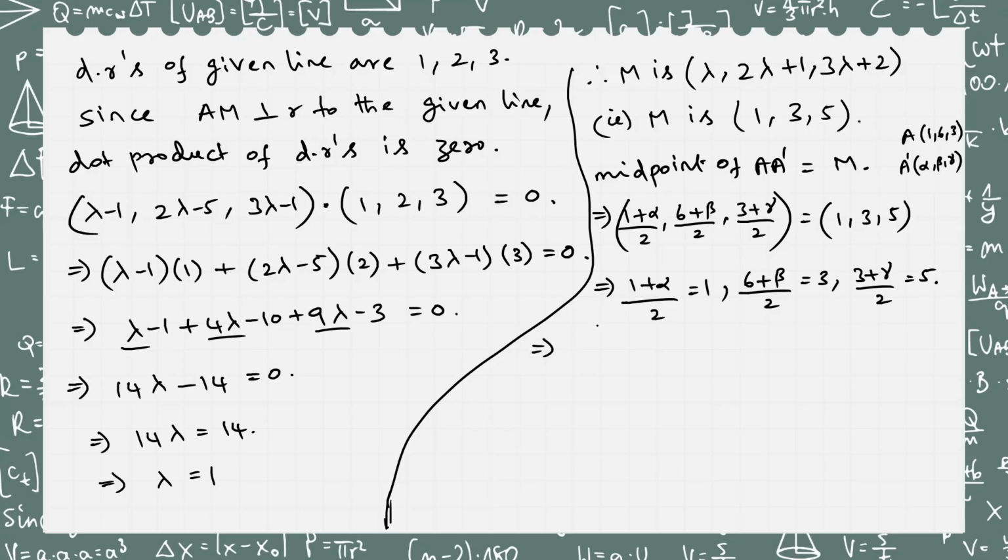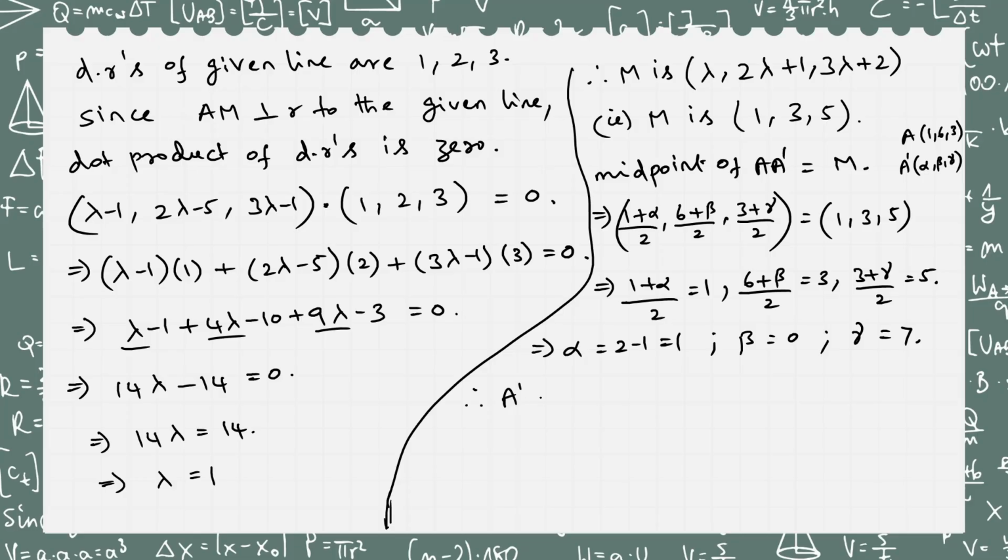That implies alpha plus 1 equal to 2, alpha equal to 2 minus 1, 1. 6 plus beta equal to 6, so beta equal to 6 minus 6, 0. And 3 plus gamma equal to 10, so gamma equal to 10 minus 3, 7.